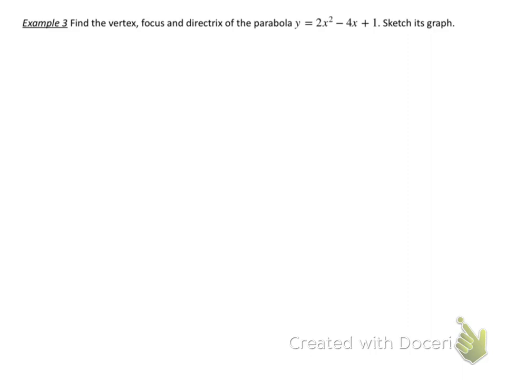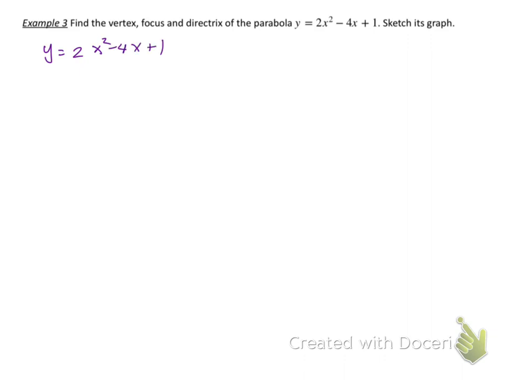So first, you need to know this is a parabola with x squared term and only y term. So it will end up with some kind of y minus k equals 4p times x minus h. Okay? So y equals 2x squared minus 4x plus 1.